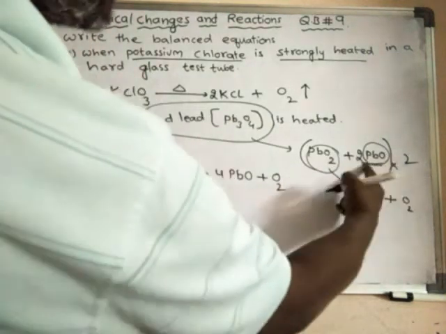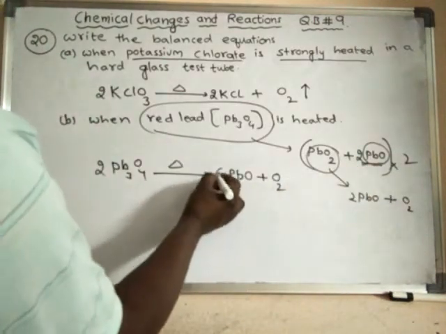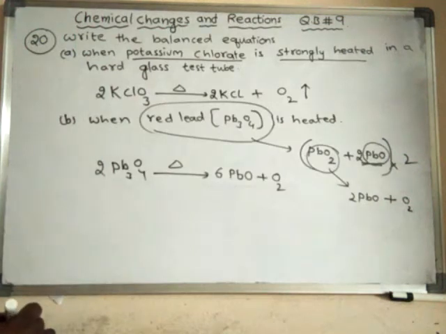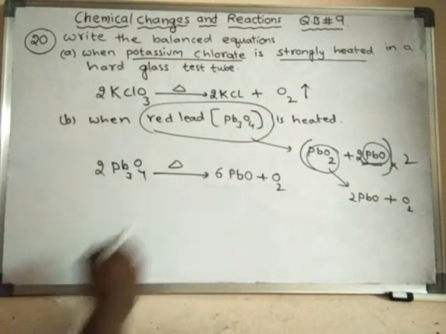So it will be 4 PbO plus 2 PbO, total 6 PbO, plus O2. Or else simply balance it and we will get this equation.